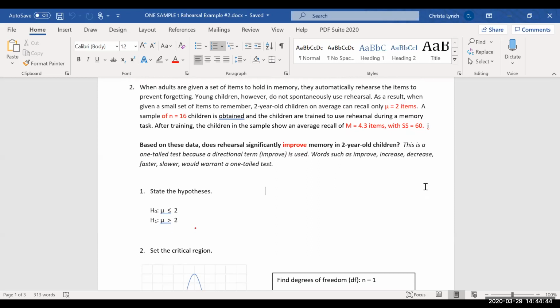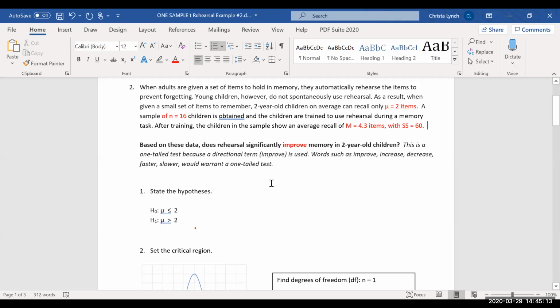As a result, when given a small set of items to remember, 2-year-old children on average can recall only 2 items. A sample of 16 children is obtained, and the children are trained to use rehearsal during a memory task. After training, the children in the sample show an average recall of 4.3 items with sum of squares of 60.